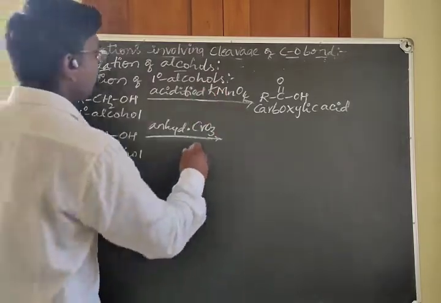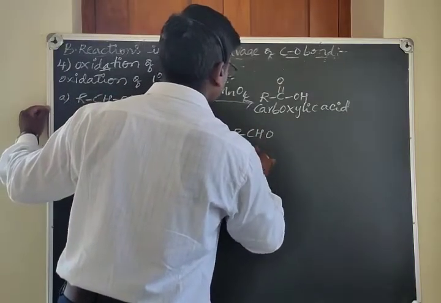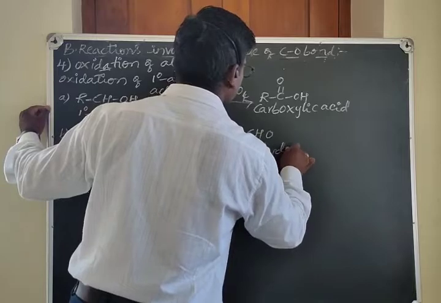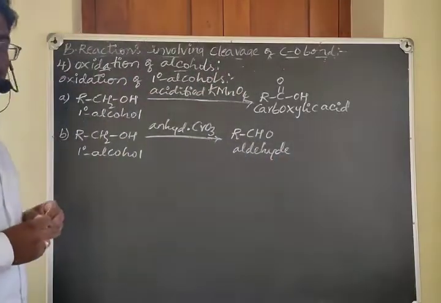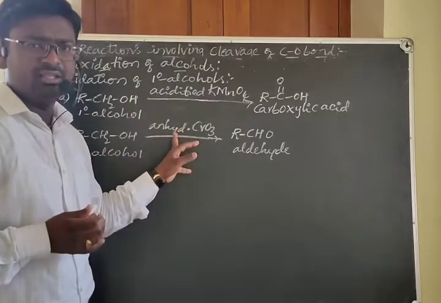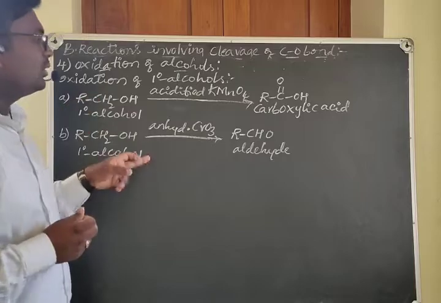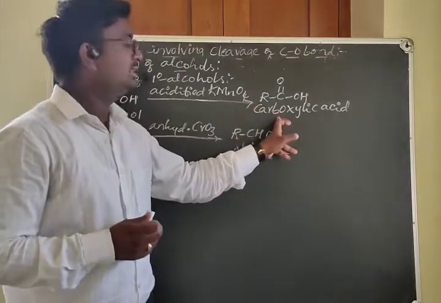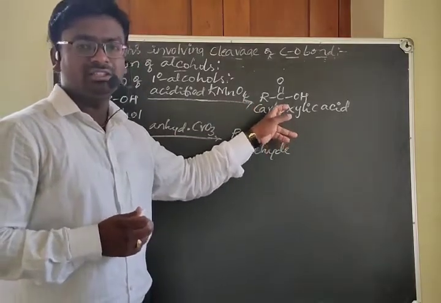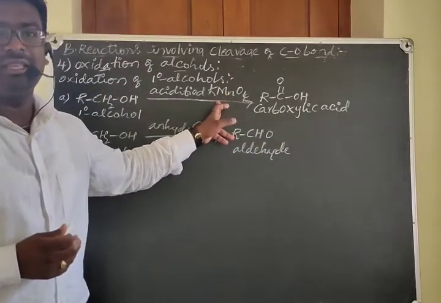What happens? The primary alcohol will be oxidized to the aldehyde. So when you want aldehydes from primary alcohol, use this anhydrous chromium trioxide. When you want to convert primary alcohols directly to carboxylic acids, the ultimate oxidized product, then you can use acidified KMnO4.